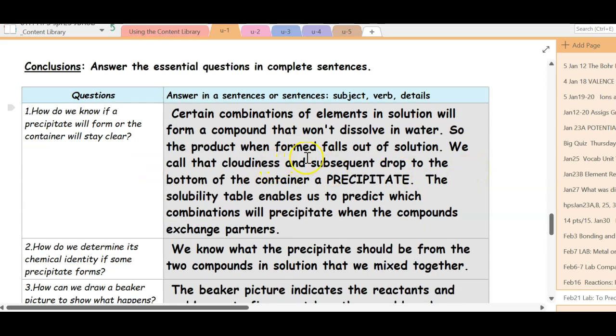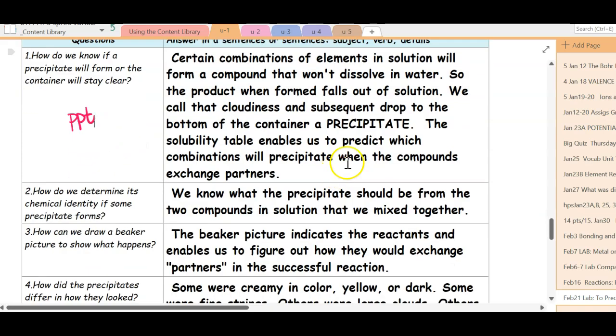So the product, when it forms, falls out of solution. We call that cloudiness and subsequent drop to the bottom of the container a precipitate, PPT. The solubility table enables us to predict which combinations will precipitate when the compounds exchange partners.